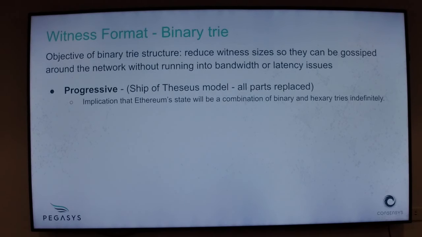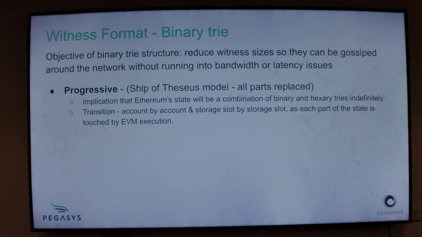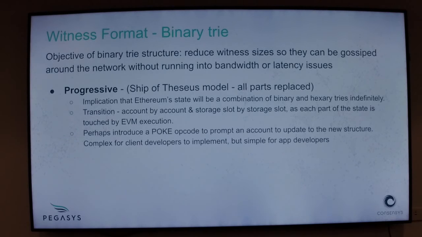The implication is that Ethereum state will be a combination of binary and hexary trees indefinitely if it's progressive, because the two will be coexisting. The transition will happen account by account and storage slot by storage slot, as each part of the state is touched by EVM execution.